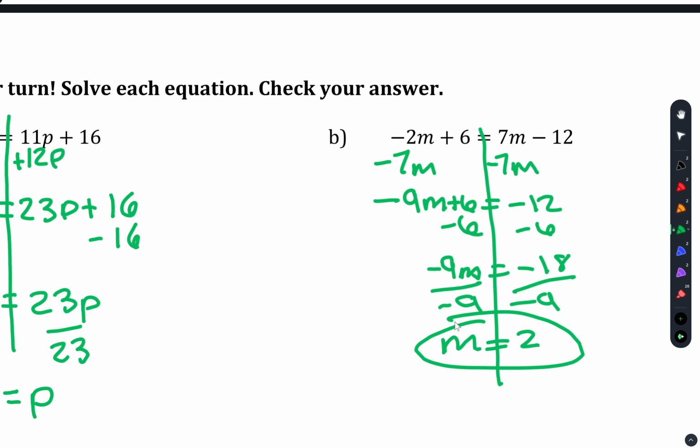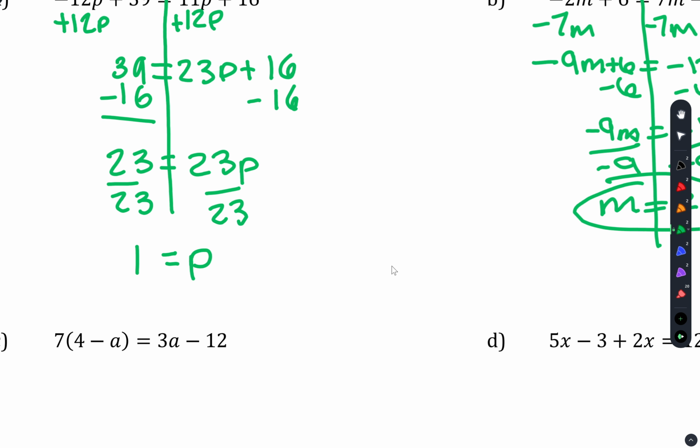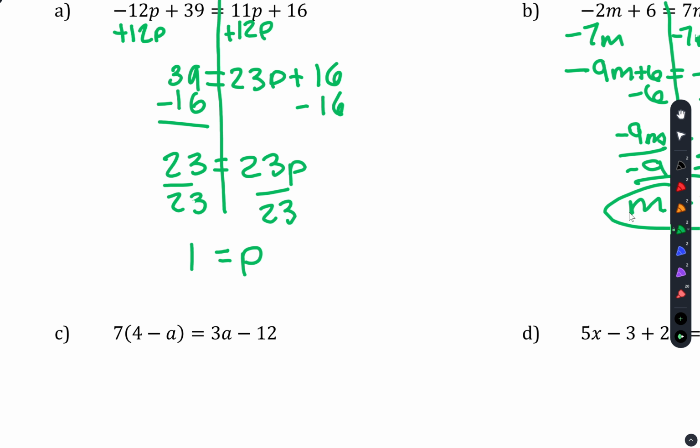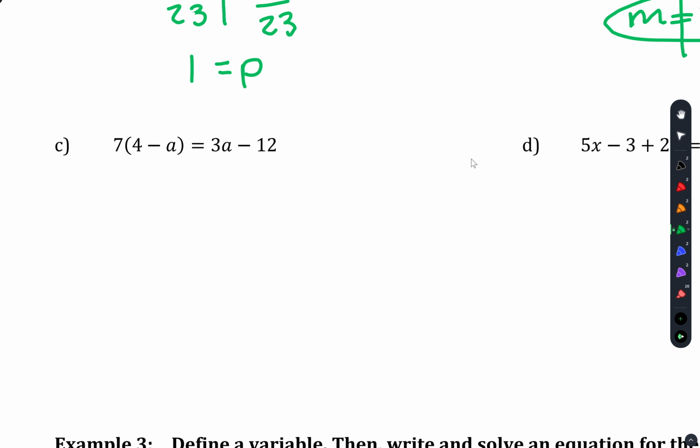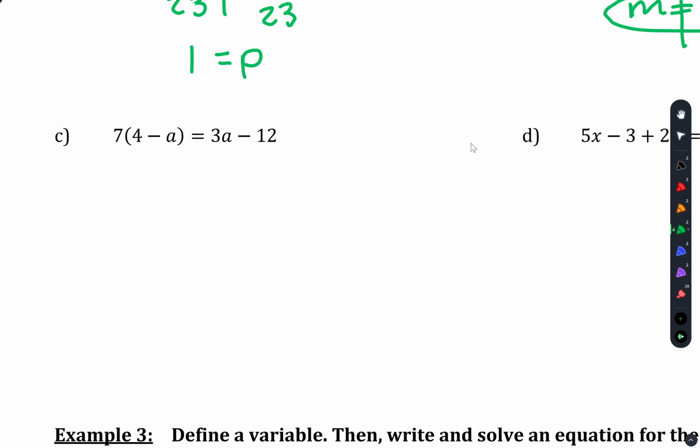Amazing. Who's got letter C? Is this one right? That's right. I think so. Oh, that looks right. Okay.